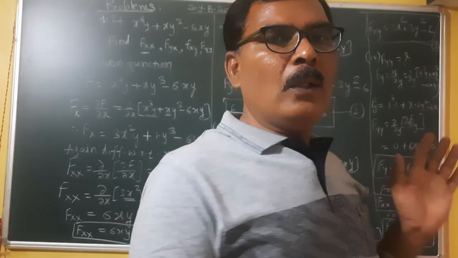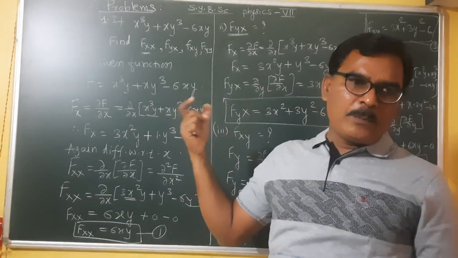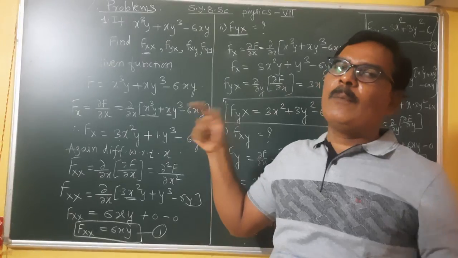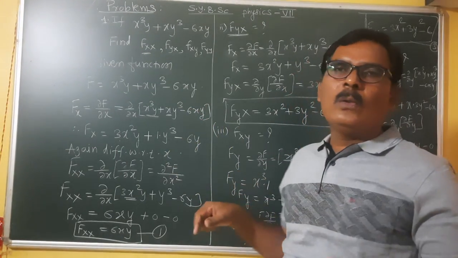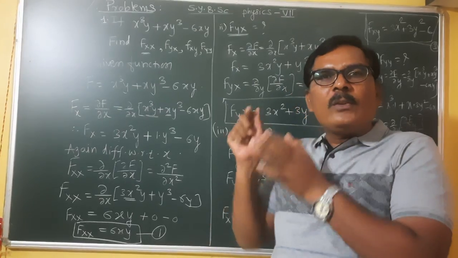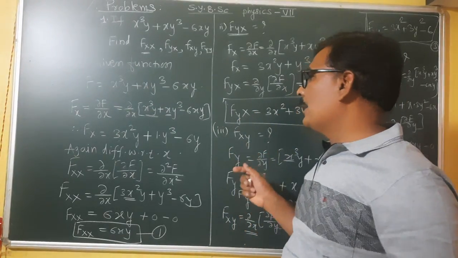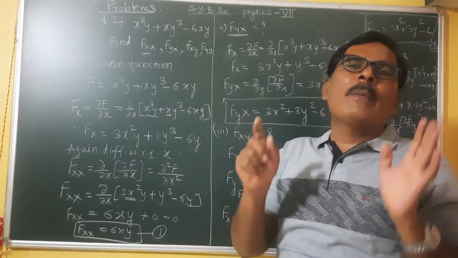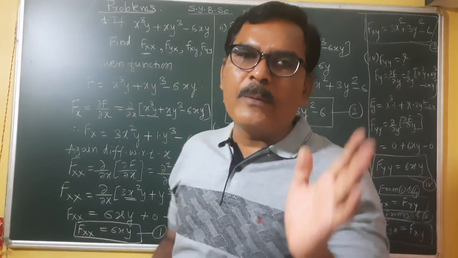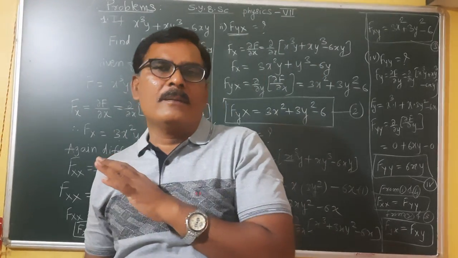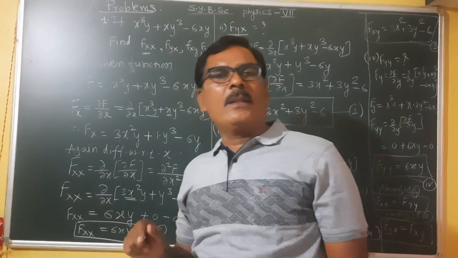Second order, ∂²f/∂x², similarly this is for fxx, and for fyy, ∂²f/∂y². Also ∂²f/∂x∂y and ∂²f/∂y∂x. Simply remember, partial differentiation is nothing but the derivative of first order and second order. This is for first order, this is for second order.